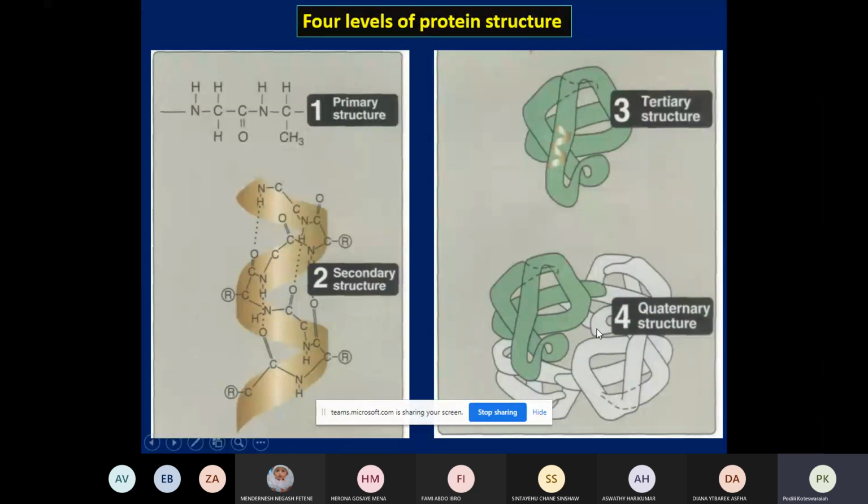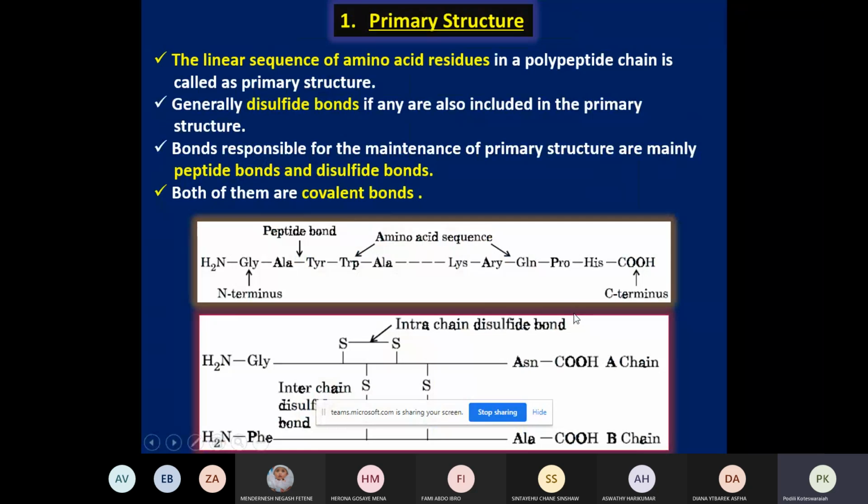And we know that hemoglobin is a tetramer. It exists in the quaternary structure.